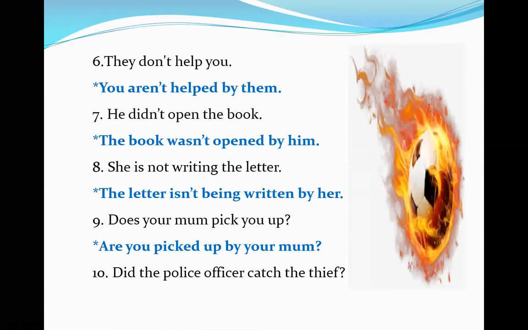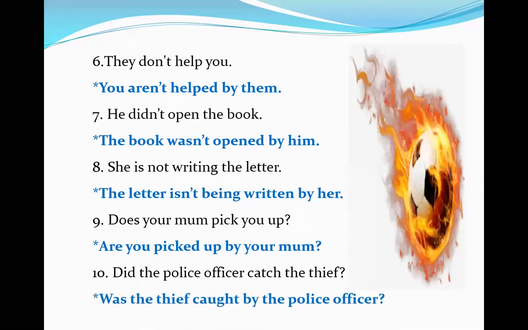We are talking about the thief, so we will start with the thief. The thief takes was or were? It will be was. So you will start with was the thief and change catch to be caught. The past participle of catch is caught. Was the thief caught by the police officer?